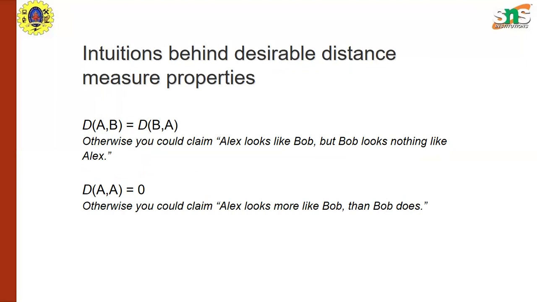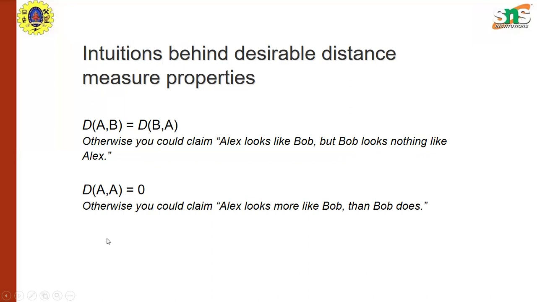Now how it is measured. Consider the first, the symmetry property: D of A comma B equals D of B comma A. We could claim Alex looks like Bob, but Bob looks nothing like Alex.